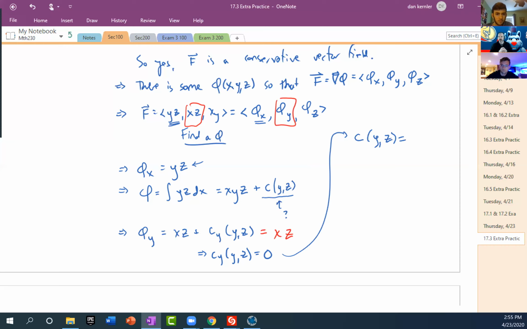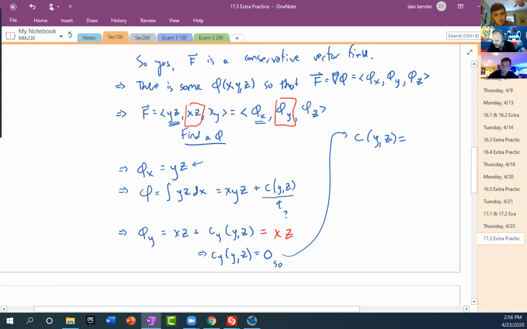I actually want to use similar logic to what Christian used previously. Would it be xz or some constant? Yeah, either a constant or a function of z only. Yep, exactly.